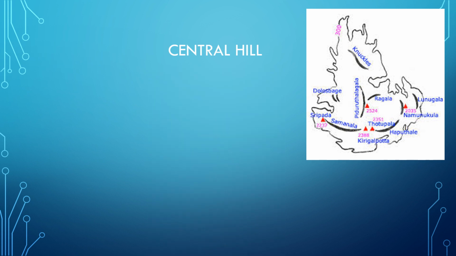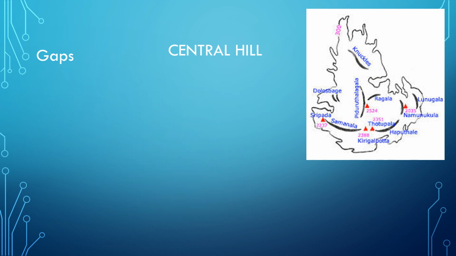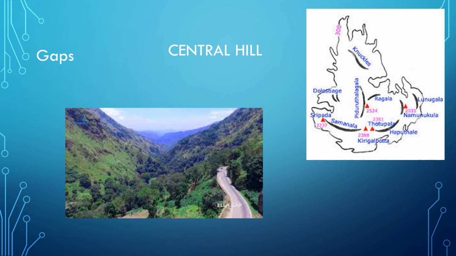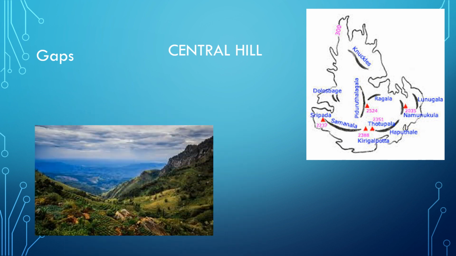Fifth one is gaps. A gap is a steep lowland between two mountains. Examples: Ella, Ohiya.